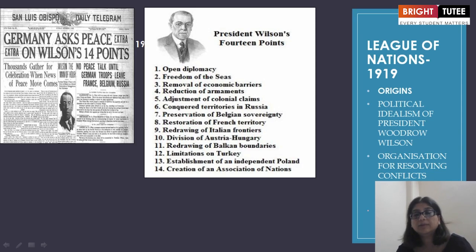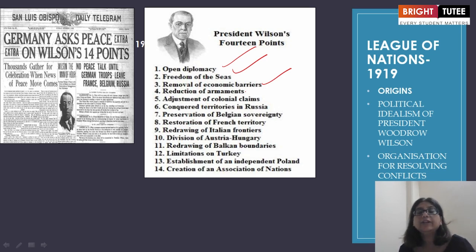President Wilson's 14 points were open diplomacy, freedom of the seas, removal of economic barriers, reduction of armaments, adjustment of colonial claims, conquered territories in Russia, preservation of Belgian sovereignty, restoration of French territory, redrawing of Italian frontiers, division of Austria-Hungary, redrawing of Balkan boundaries, limitation of Turkey, an independent Poland, and then creation of an association of nations.